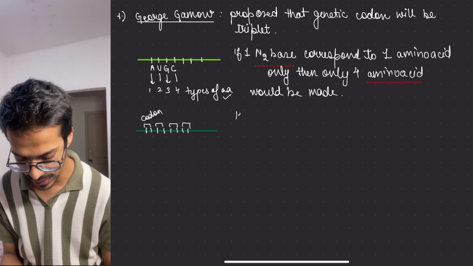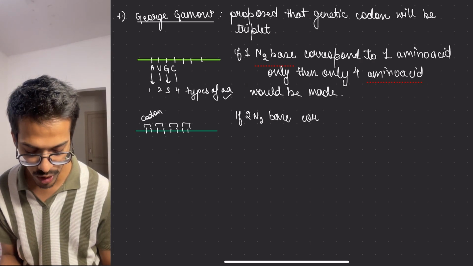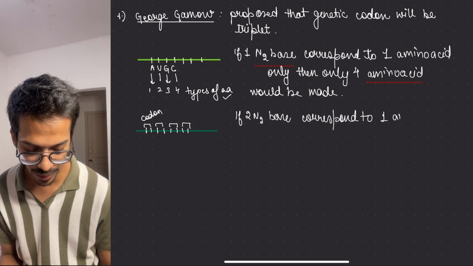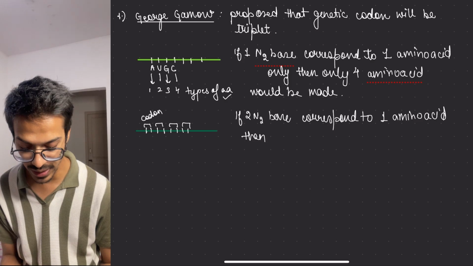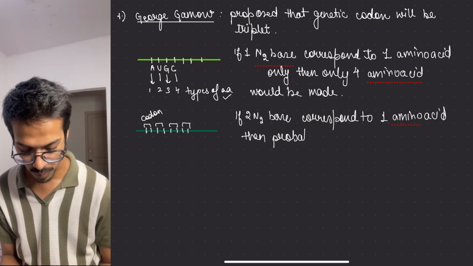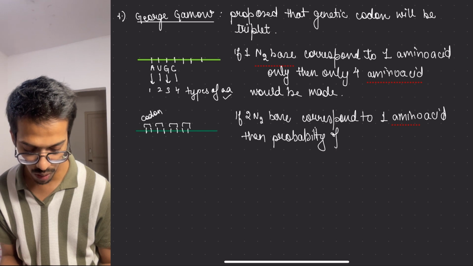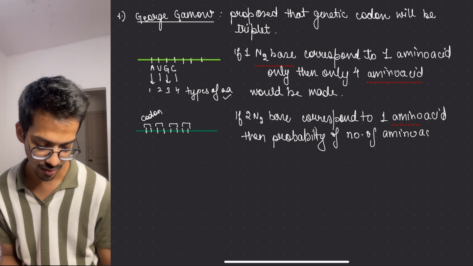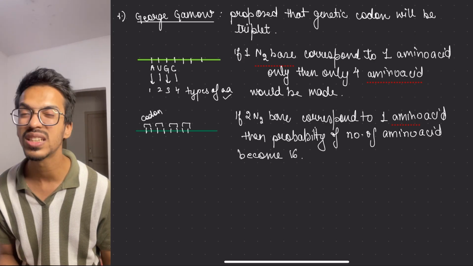For example, if 2 nitrogenous bases correspond to 1 amino acid, then the number of amino acids becomes 16. How does that become 16?